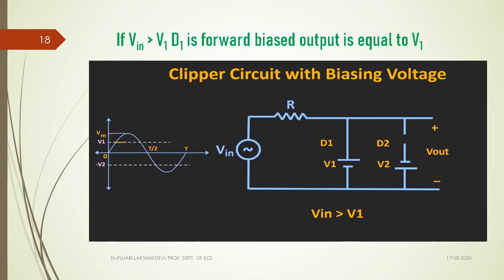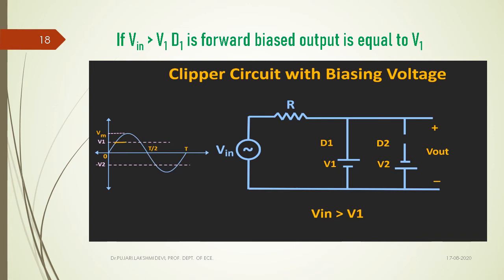Let us see that. In the first case, both are open. Whenever the input voltage Vin is greater than this V1, diode D1 becomes forward biased because the anode of this particular diode is at higher potential compared to the cathode.